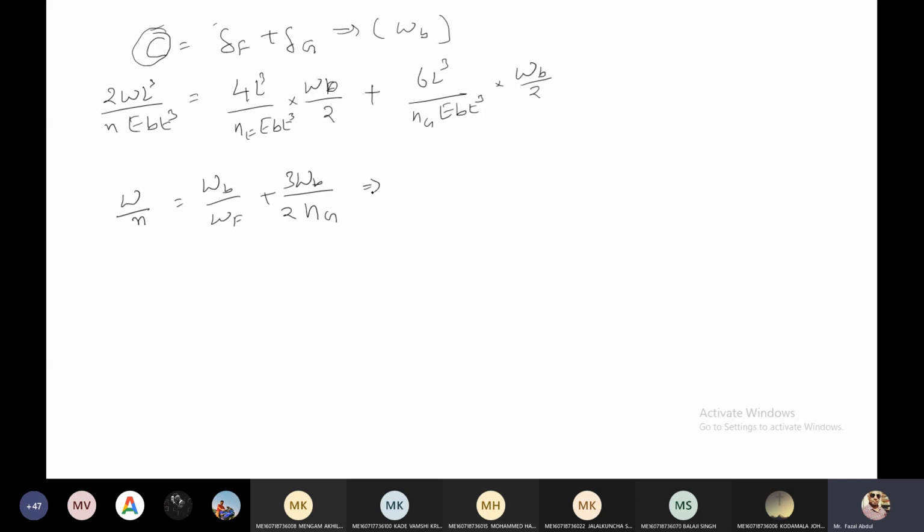So with this, 2 NG WB plus 3 WB WF by 2 NG NF.